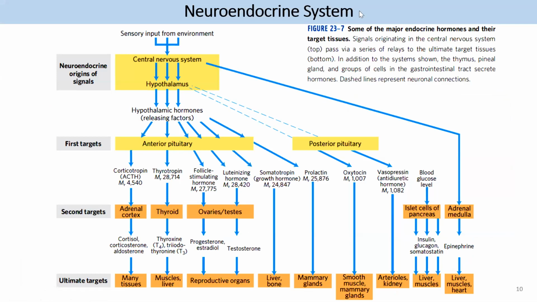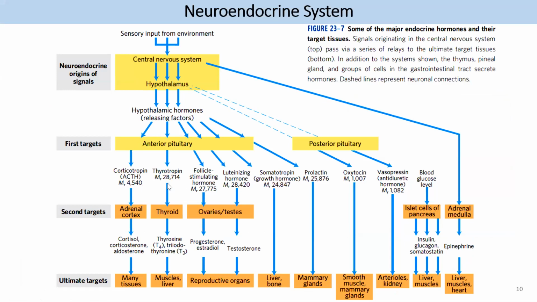So if we think of this system in its entirety, it takes input from the environment all the time. The central nervous system has the hypothalamus. It releases the hormones, which will directly impact the pituitary gland. There is the anterior pituitary, and it can release all these different types of hormones.